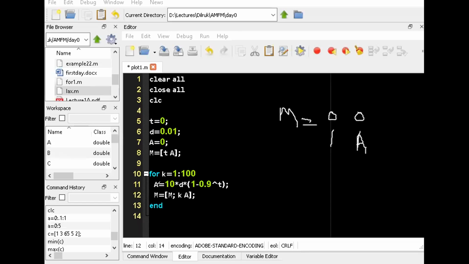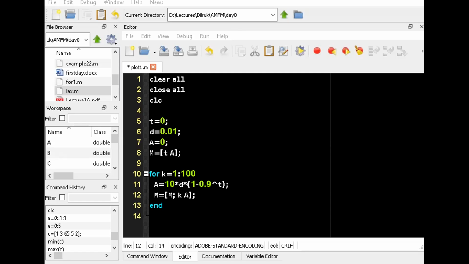Then take the previous m, which now has 2 rows, and add the additional row: k is 2 and the corresponding value is a sub 2. And next turn 3, a3, and so on. Hope you understand, because you're experts, not like me.